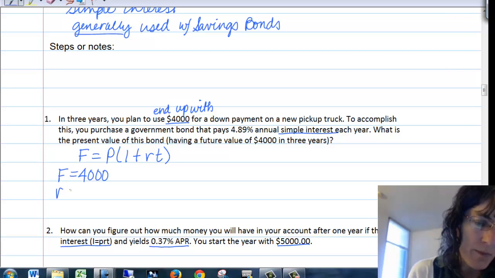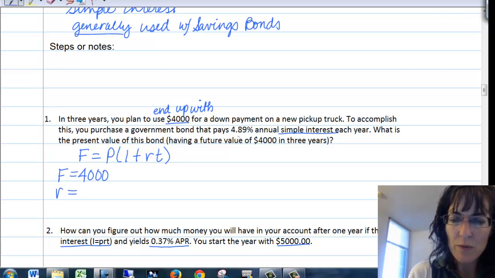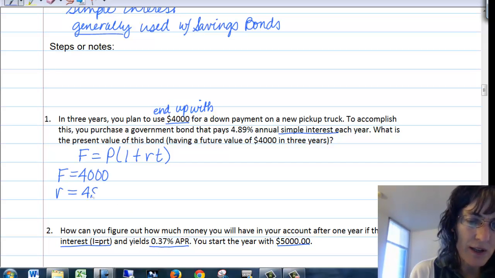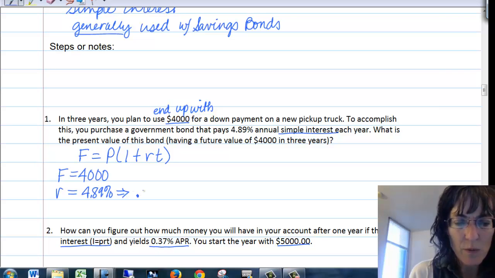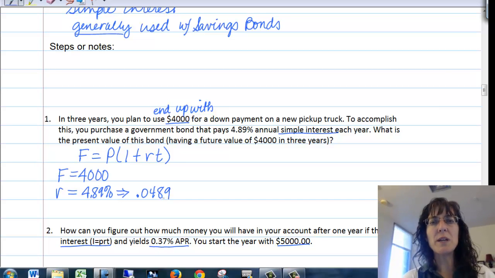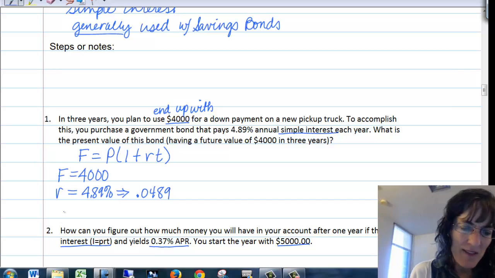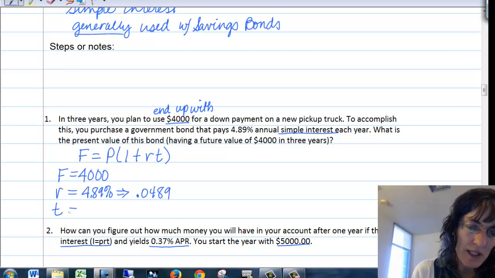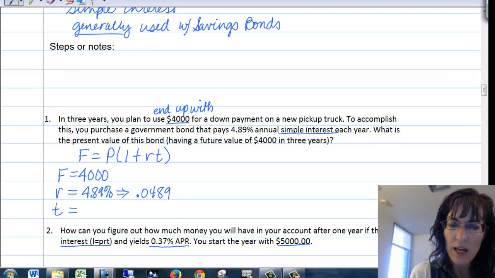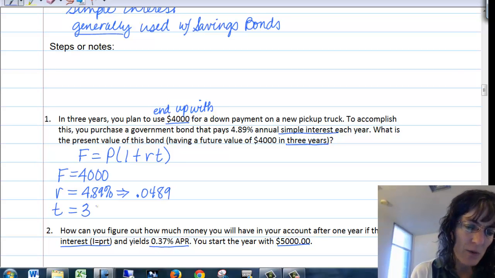My R, little r, is going to be 4.89%, and I have to convert that to a decimal, so 0.0489. Just move my decimal 2 places to the left. And then I need to know the T, and it does say in 3 years. So I need t equals 3.